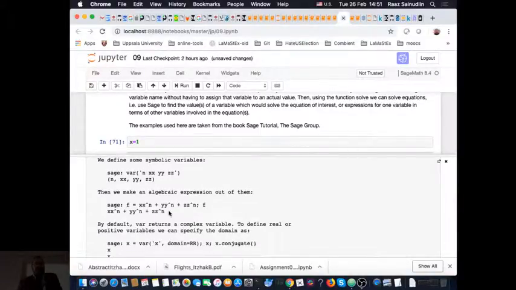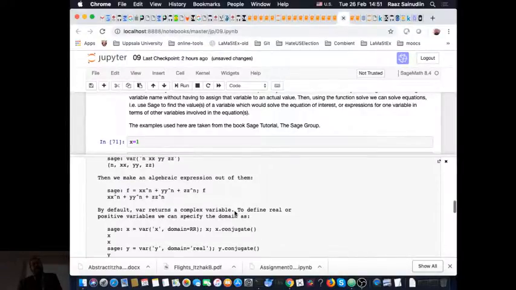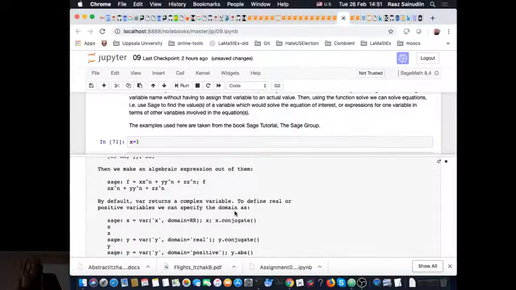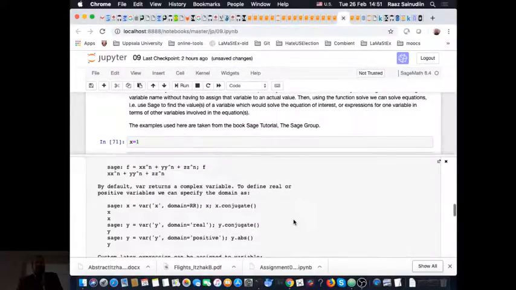What else can you do? So here's an algebraic expression out of them. f is the function x to the n plus y to the n plus z to the n, and f comes out as an expression. So you have this whole function, and you can do calculus directly on it, and algebra directly on it, and other things.